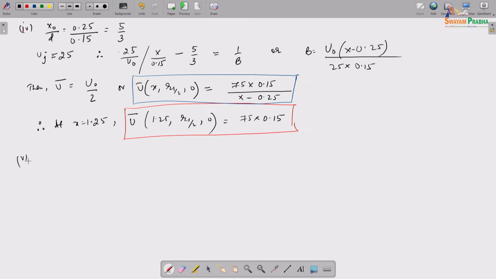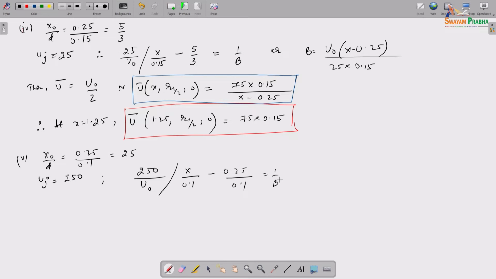Okay, so finally for the kerosene, so again x naught by d is... okay, the jet velocity is 250, okay, then point 1 is equal to 1 by b.